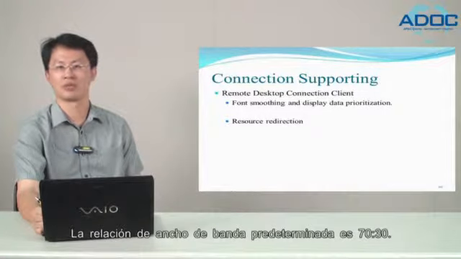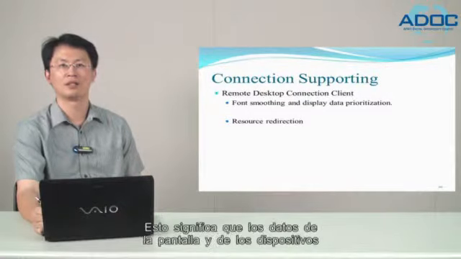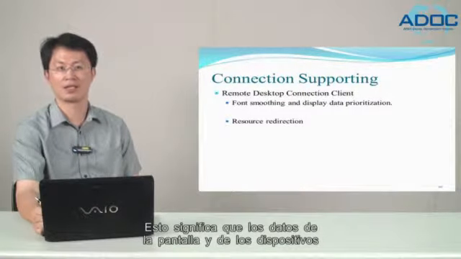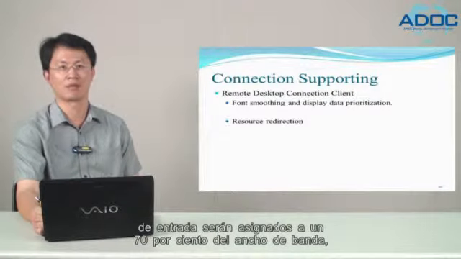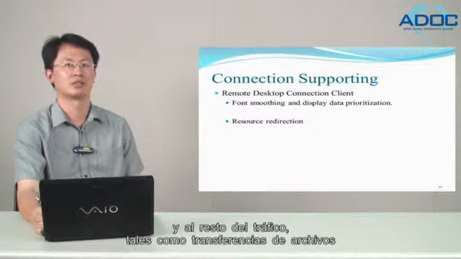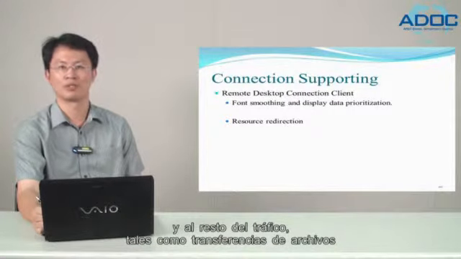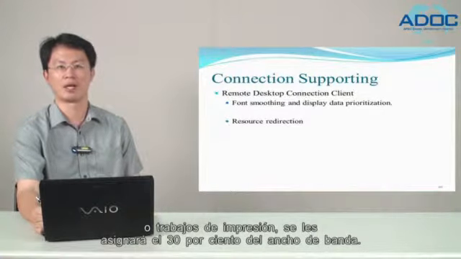The default bandwidth ratio is 70:30. This means that the display and input data will be allocated 70% of the bandwidth, and all other traffic, such as file transfers or print jobs, will be allocated 30% of the bandwidth.